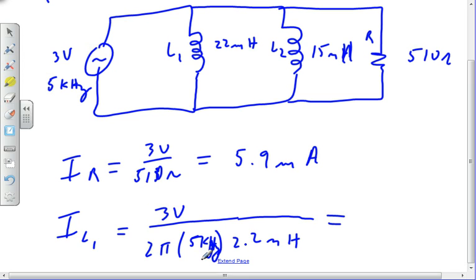The kilo and the milli cancel each other out, so I can go 3 divided by 2 divided by pi divided by 5 divided by 2.2, and it looks like 43.